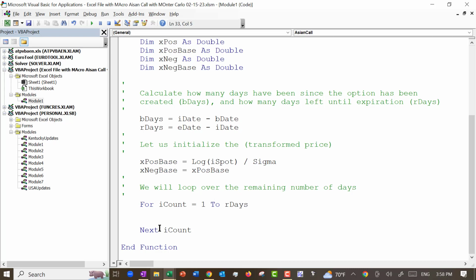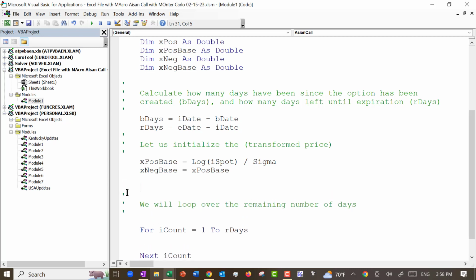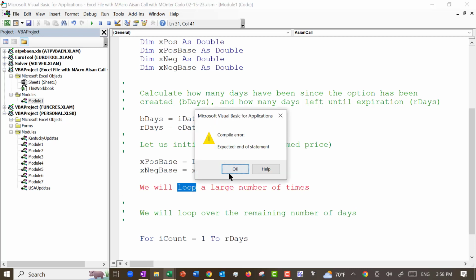Actually, let's put the loop here. We will loop a large number of times. Yes.